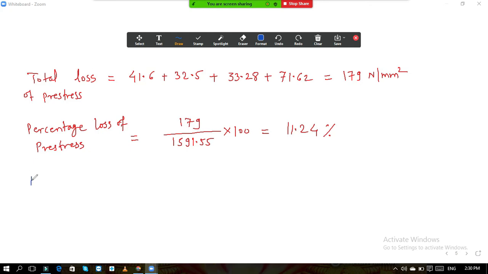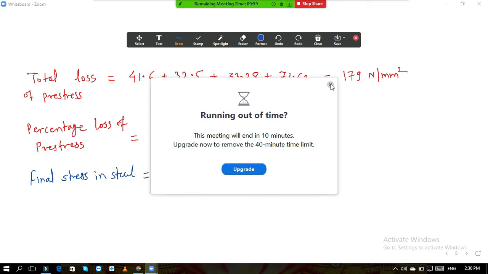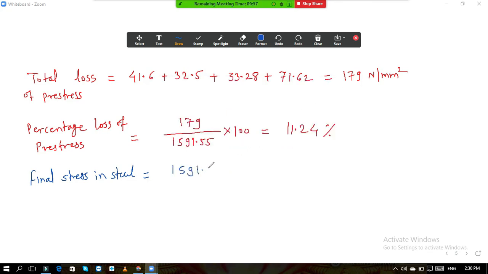So the final stress in steel is whatever may be the initial stress, 1591.55 minus the loss that has occurred, 179. So when you subtract the loss from the initial, you get the final stress. So it is 1412.55 Newton per mm square.